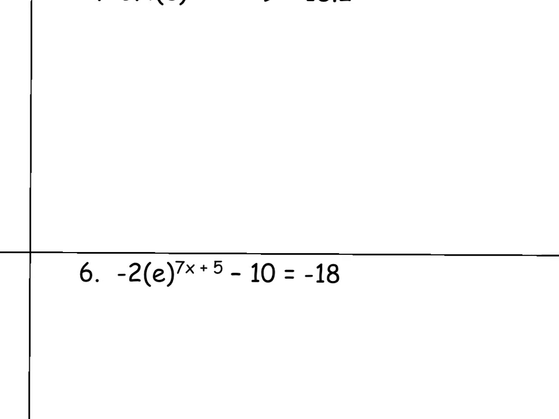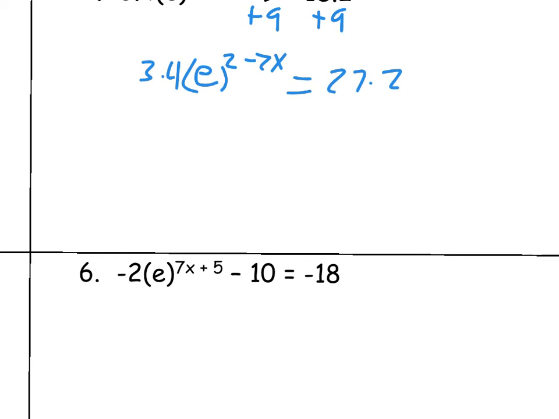Okay, my base is e, so I've got to get that by itself. So I'm going to add 9 to both sides. I get 3.4 e to the 2 minus 2x, kind of funky, but equals 27.2. I can't multiply 3.4 times e, so I'm going to divide both sides by 3.4.